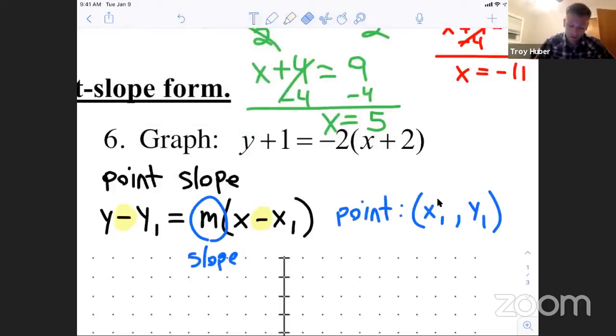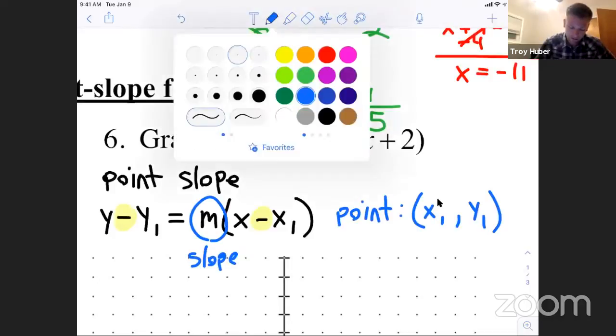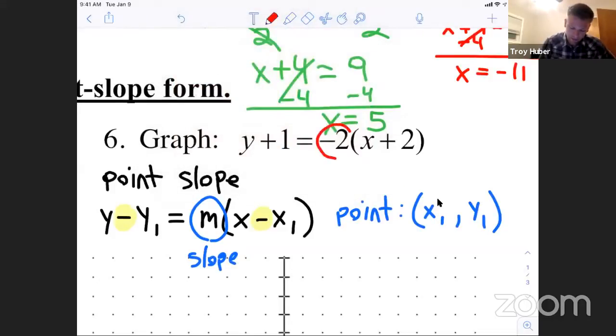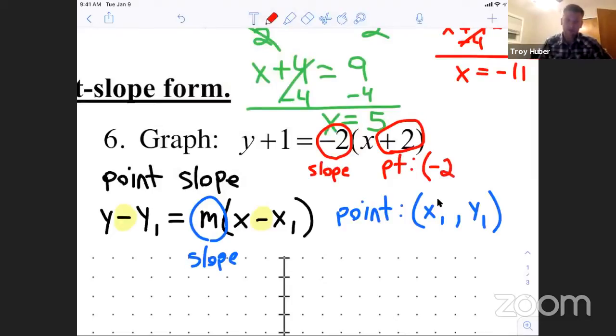All right, so if I look at this one right here, I can see my slope is this -2. All right, and then my point, well, here's your x value, and see how it's a +2? So we have to do the opposite, which would be a -2.